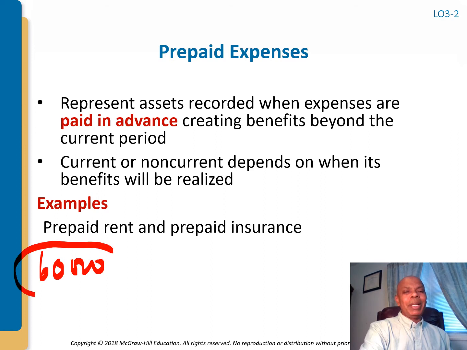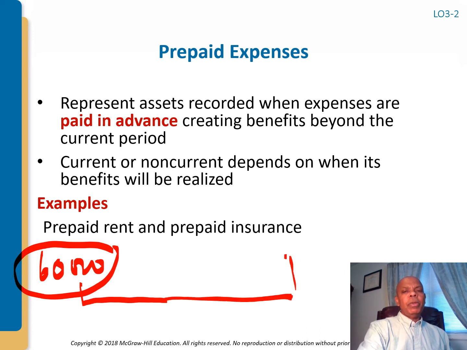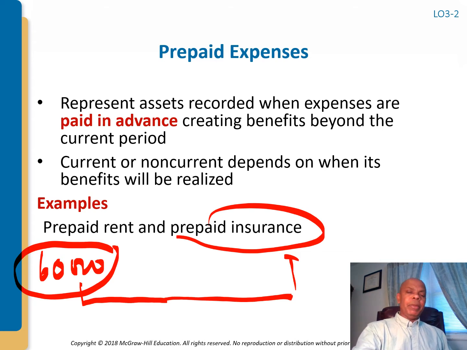We're going to put it as prepaid rent. That's an asset, a current asset. We're going to use this 60,000 for future years. Right away, it's not an expense until you use the benefit. A similar thing is prepaid insurance. We buy insurance for a year or maybe a couple of years at a time. You're going to use it in the future. That's where prepaid expense comes in.